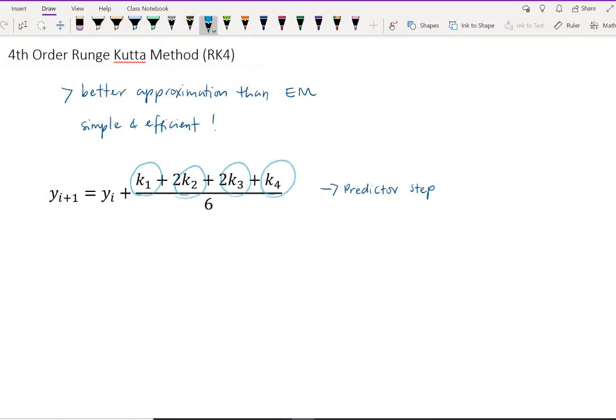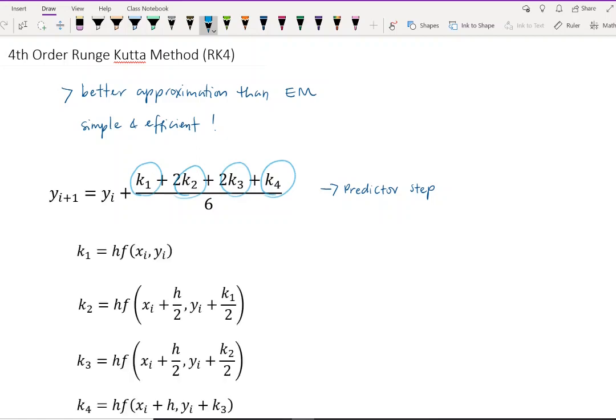For each one of these, there is a particular equation on how to calculate its value. These four equations we call the corrector steps. So basically, RK4 involves a predictor and corrector process.